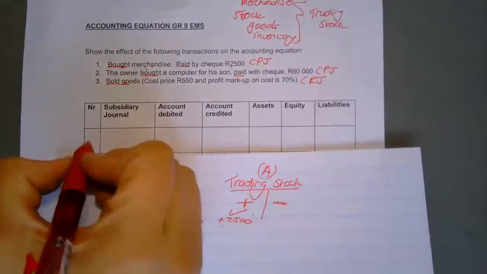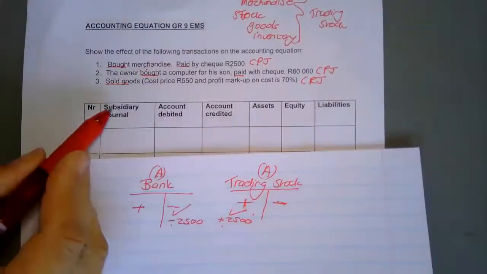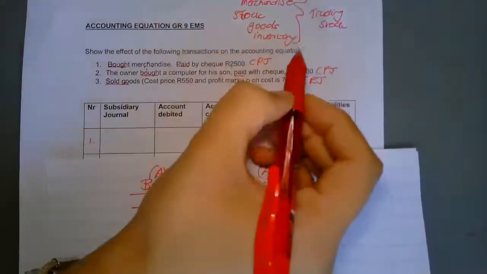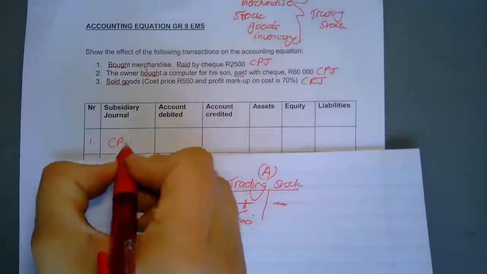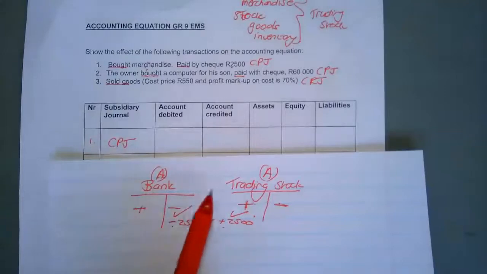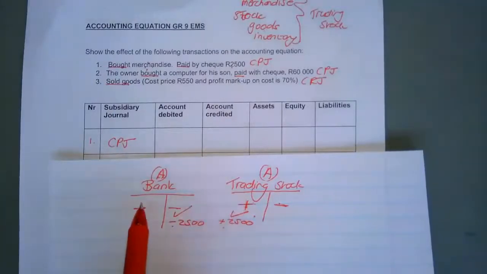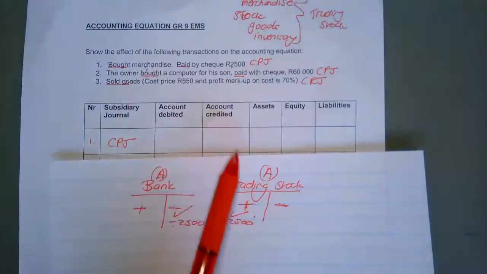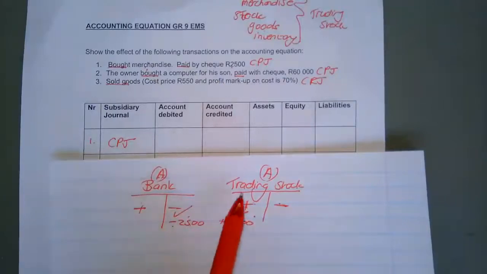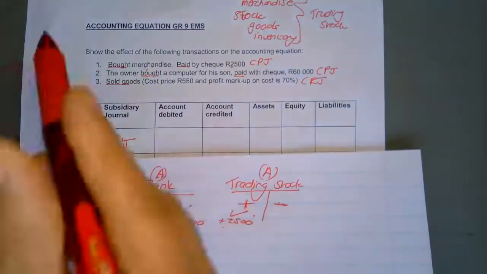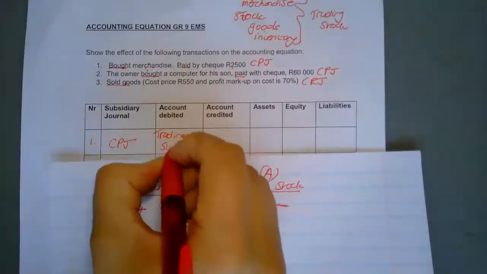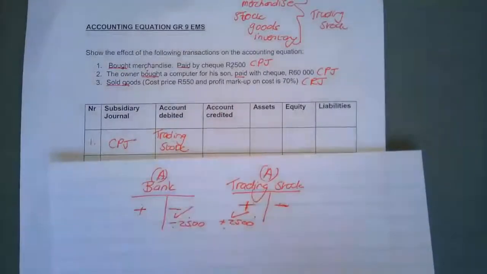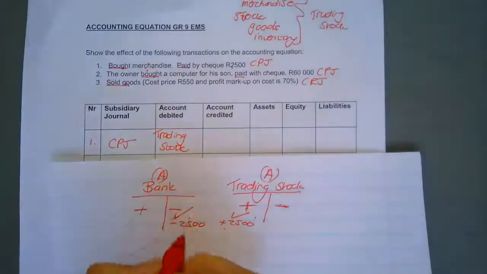It is transaction number 1. What is the subsidiary journal? It is the cash payment journal. So we write cash payment journal. Which account is debited? Remember, the debit side is the left side, the credit side is the right side. Which account is debited? Trading stock. Which account is credited? Bank.